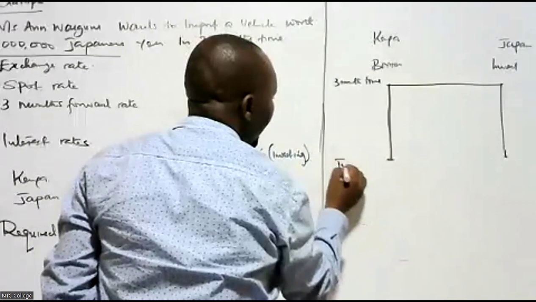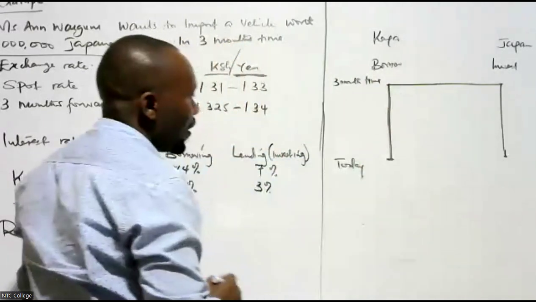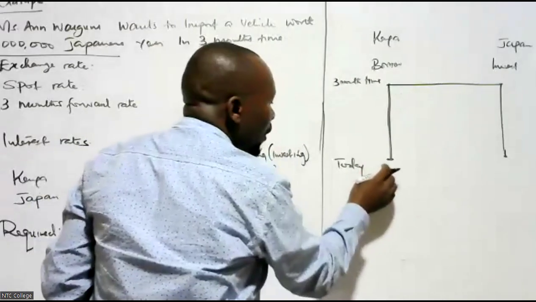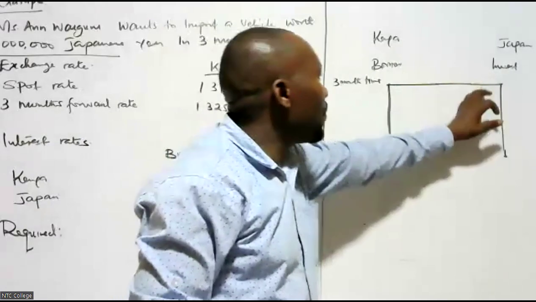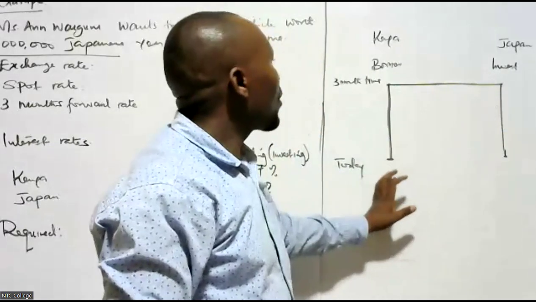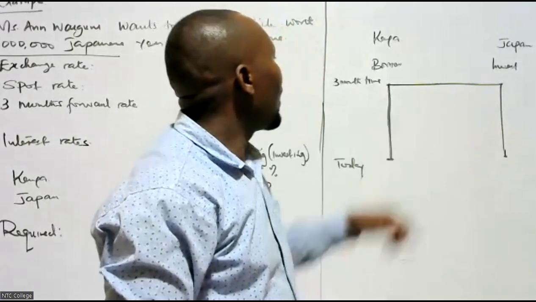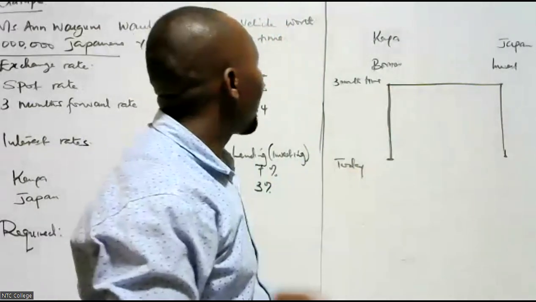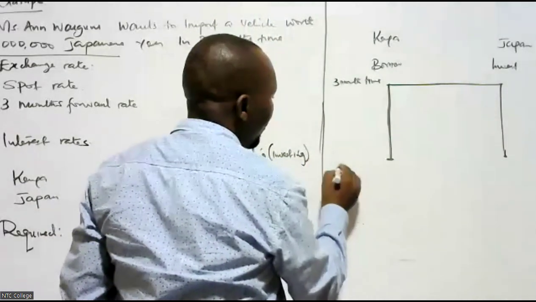So you borrow today, this one is 3 months time. But this one today, time moves from here to here, right? So you borrow today a certain amount that we don't know. You go and invest it in Japan. You borrow it, convert it, go and invest in Japan, and then you pay. Even in this one, we call it 3 months.